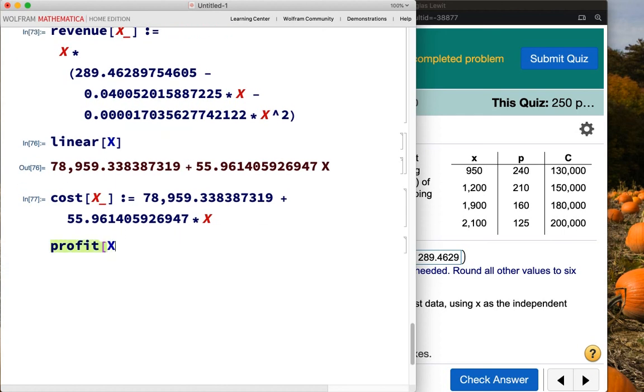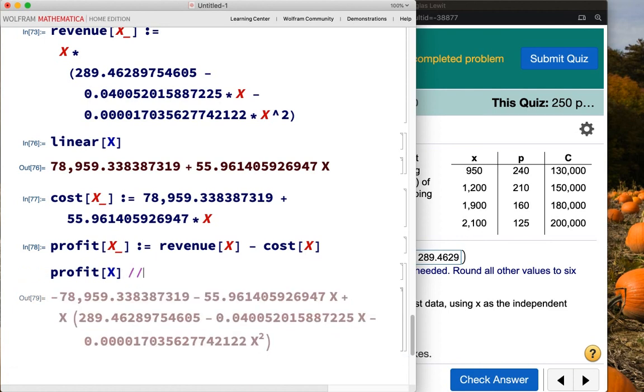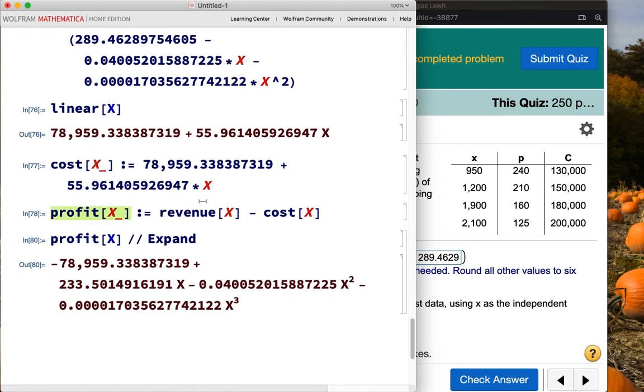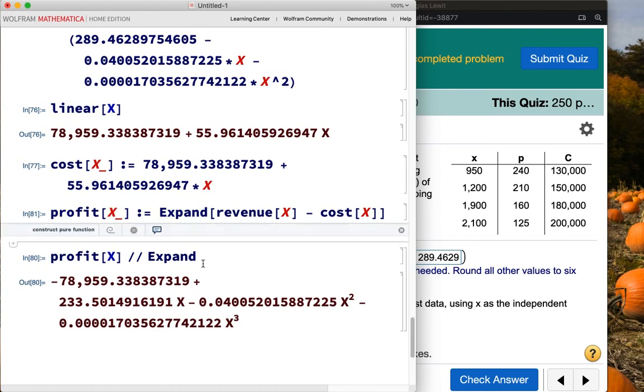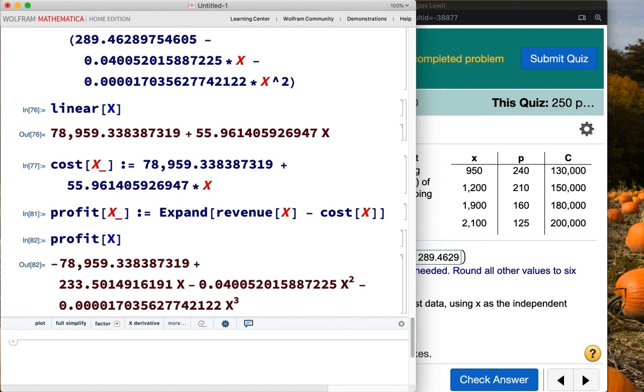And then my profit function is going to be revenue of x minus the cost of x. Yeah, that actually looks pretty good. Okay, that seems to work. So let me just put this here in the definition. Okay, fantastic.